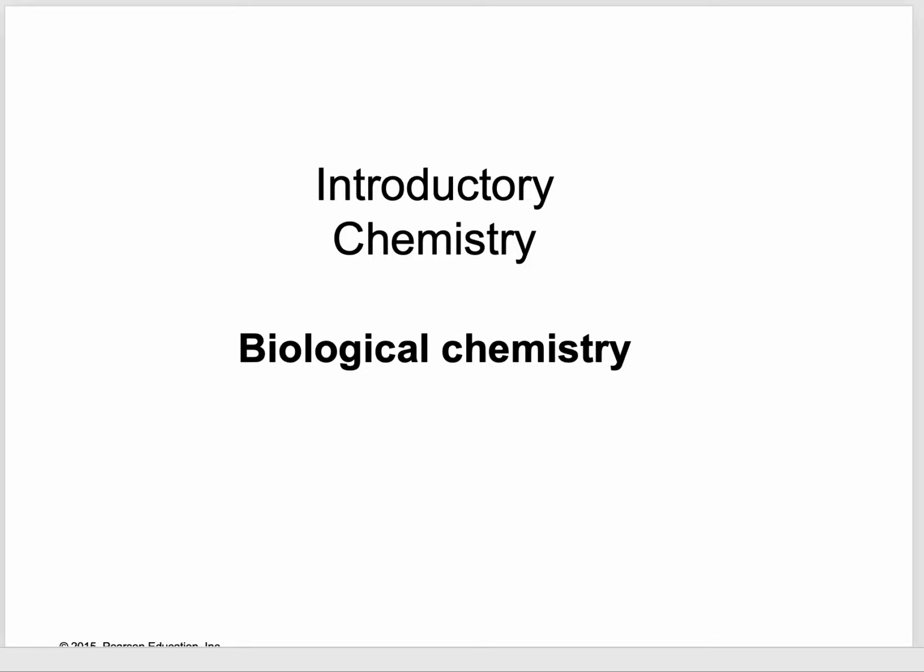In these few chapters, I combine them all together. I would like to introduce you to the basics of biochemistry. We'll be looking at the three most important classes of compounds: carbohydrates, lipids, and proteins.